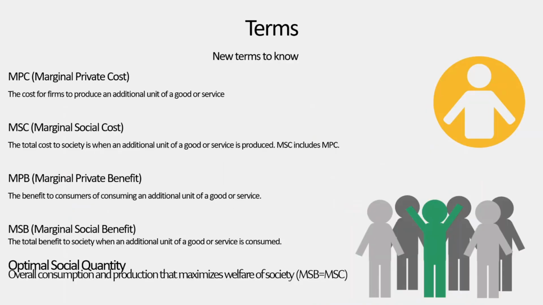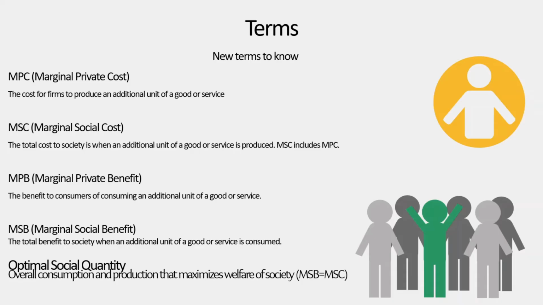So just to get some terminology, you should know marginal private cost. This is the cost for firms to produce an additional unit of a good or service. Marginal social cost. This is the total cost to society when an additional unit of a good is produced. MSC includes MPC. We have the marginal private benefit.